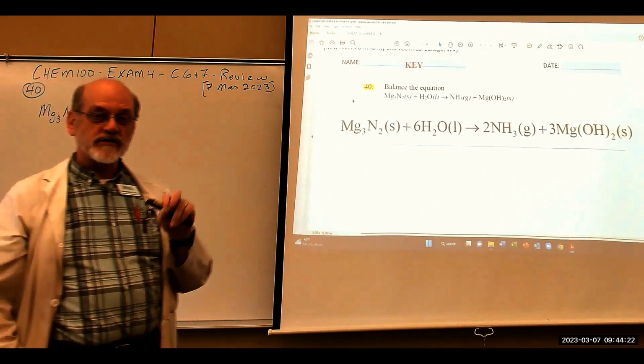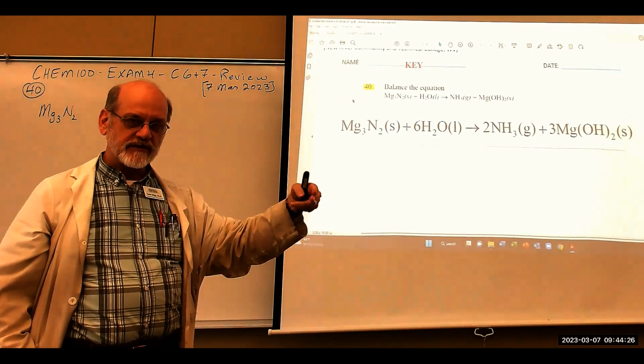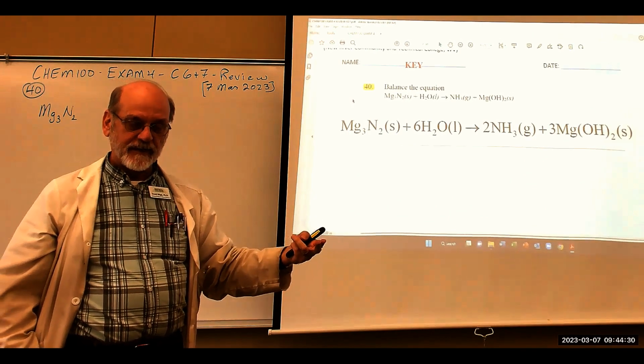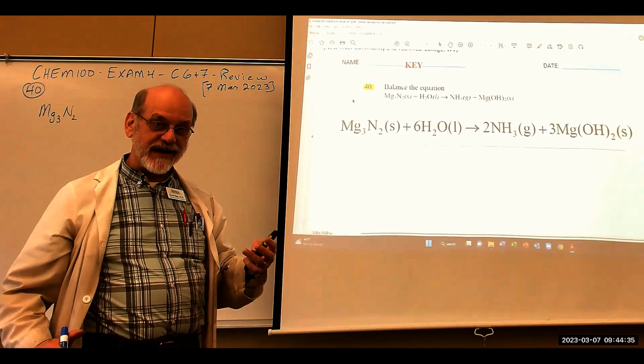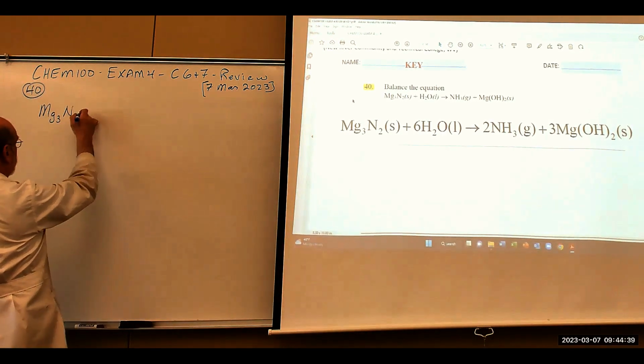Magnesium has a fixed charge of 2+. When nitrogen is in the anion position, it's in the second position, it's always a 3-. So instead of nitrogen, we'd say nitride. Magnesium nitride is this compound.